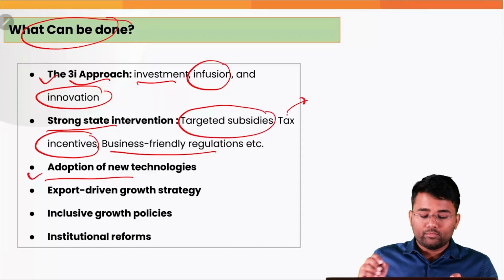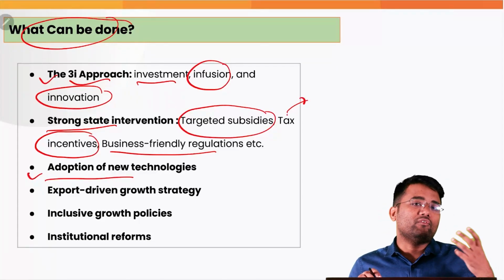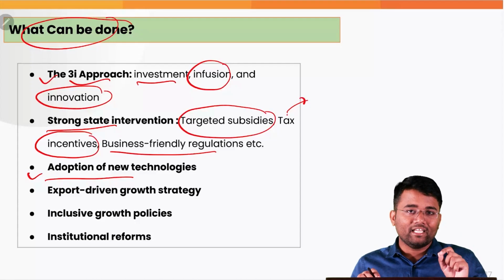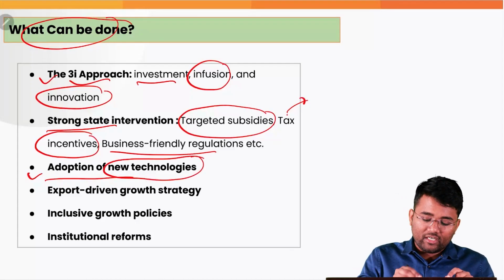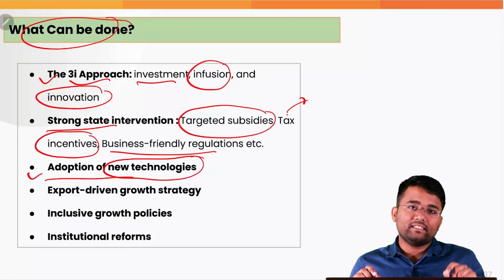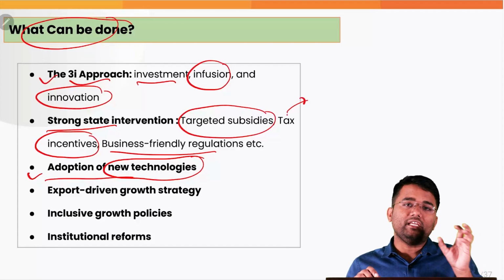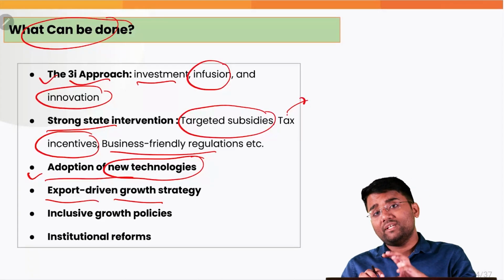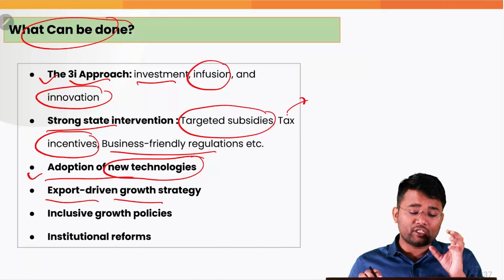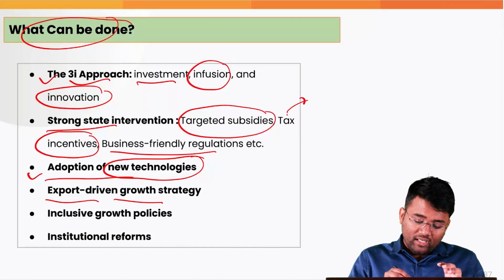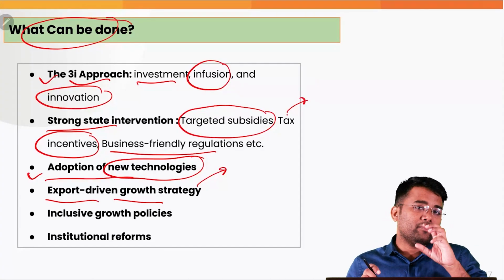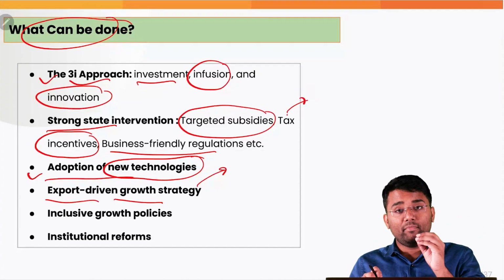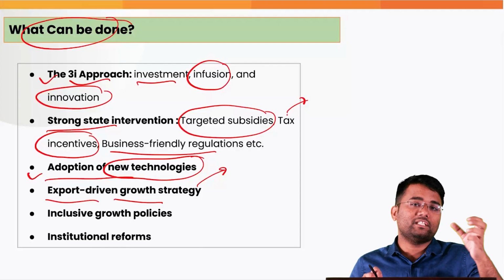Then we need to adopt new technologies of the 21st century, and for that we need to skill our demography properly, whether the skilling we need to provide for IoT, AI or machine learning. Also, there is a need for developing a strategy which is export driven, so that we can reap the benefit by integrating ourselves with the global supply chains.